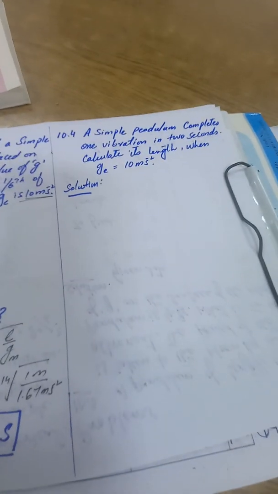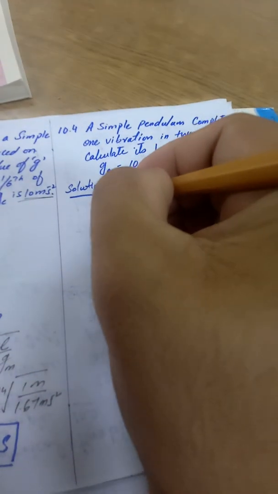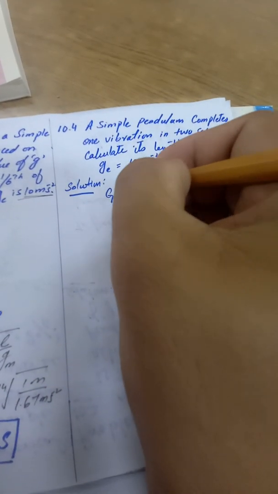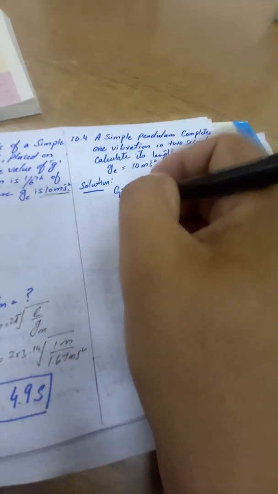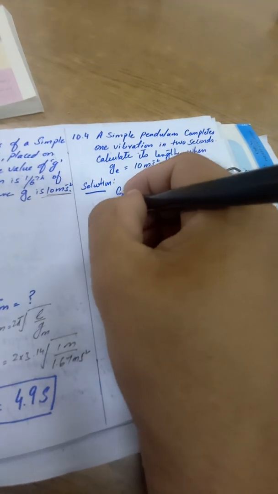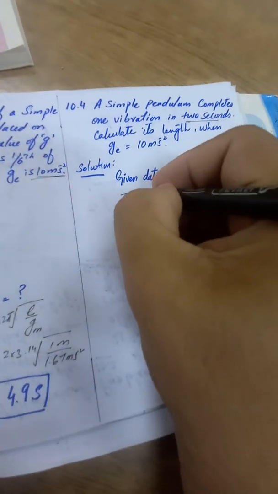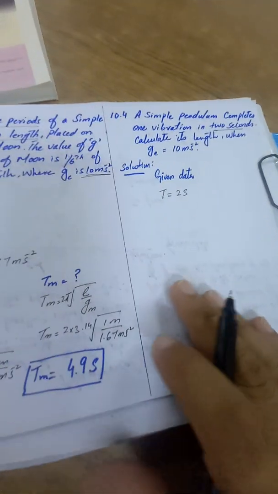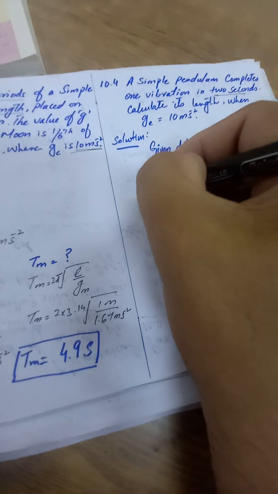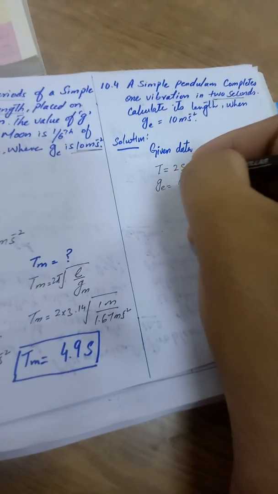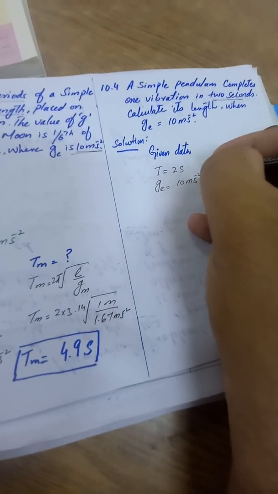So the given data is the time period of a simple pendulum, which is equal to 2 seconds. So T is equal to 2 s, and the value of g on the surface of the earth is 10 meter per second square.